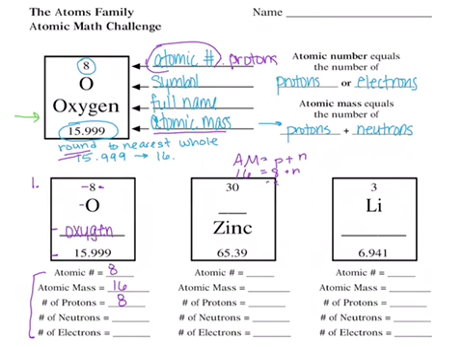We do that by subtracting 8 from both sides. 16 minus 8 leaves 8, so there are also 8 neutrons. The last piece is the number of electrons, which is also equal to the atomic number, in this case 8.